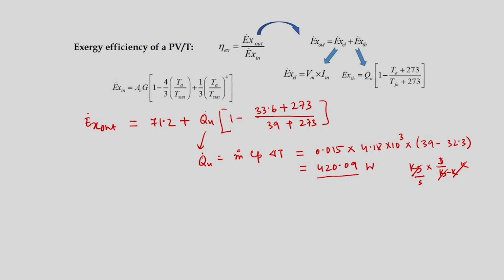So, this will be in watt. So, here if we substitute the values, then it is found to be about 78.47 watt. Okay. So, the exergy output is known now.